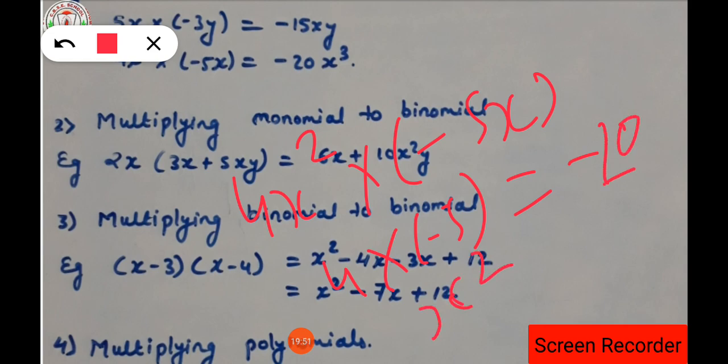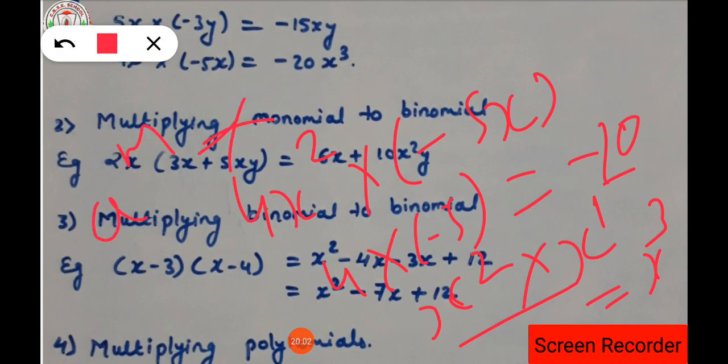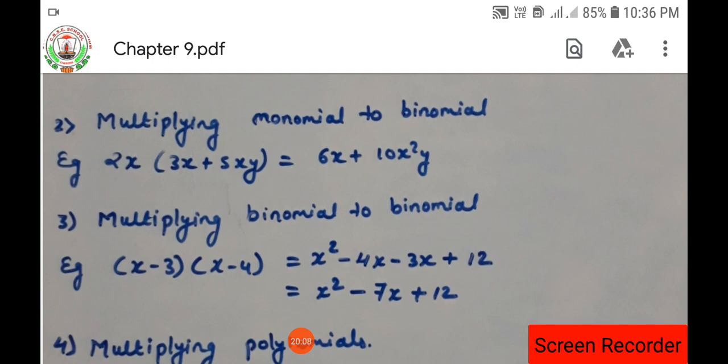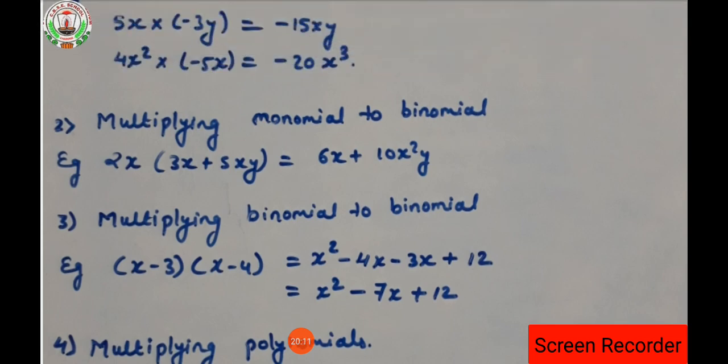When x square is multiplied with x, it will become x cube, because here the power is 1, and the law of exponents says that if the bases are similar, their powers get added, so m plus n. Here the bases are the same, that's why the powers will be added. So the answer will be minus 20x cube.